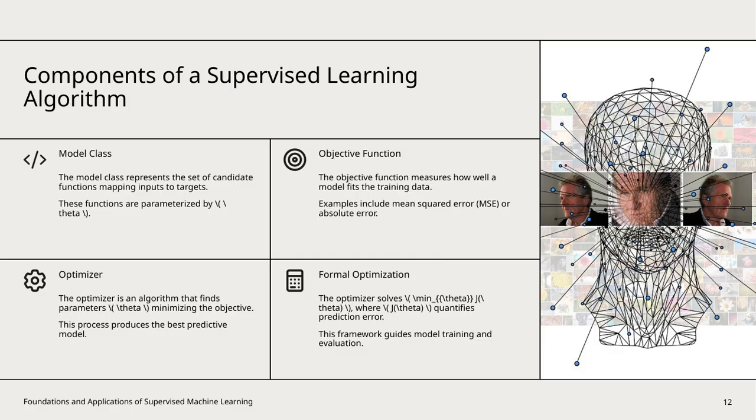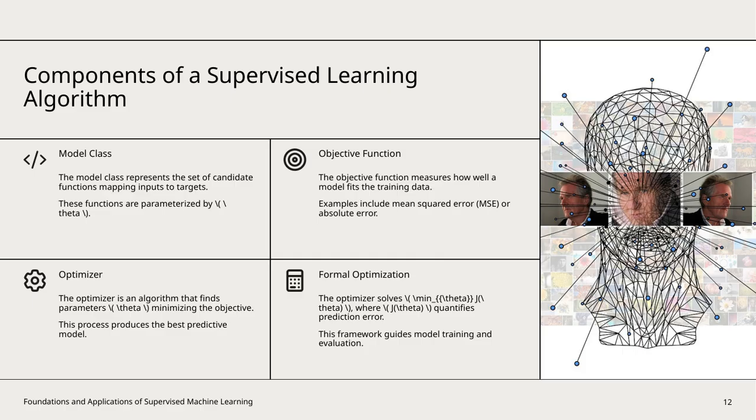Next, we have the objective function, which is a key component in this process. It measures how well our model is fitting the training data. Common examples include mean squared error, which penalizes larger errors more heavily, or absolute error, which looks at the magnitude of errors regardless of their direction. This function provides a clear metric that guides the optimization process. Finally, there's the model class, which is essentially the set of all possible functions that could map our inputs to their corresponding targets.